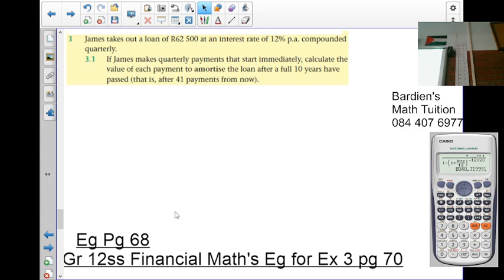However, if it's a monthly payment, of course the interest rate needs to be changed. If James makes quarterly payments, which means the payments are in line with the interest, that start immediately, what do you notice here? That starts immediately, then there's a variation on your end value.